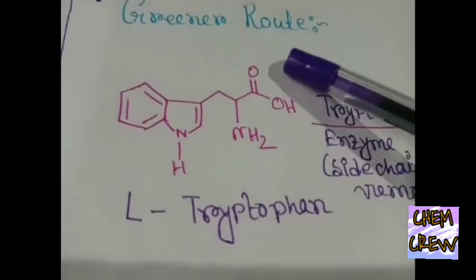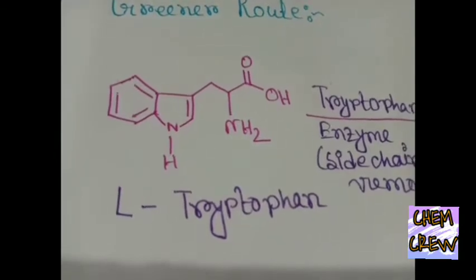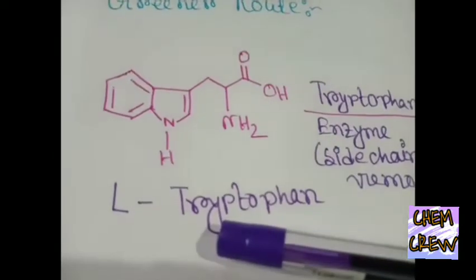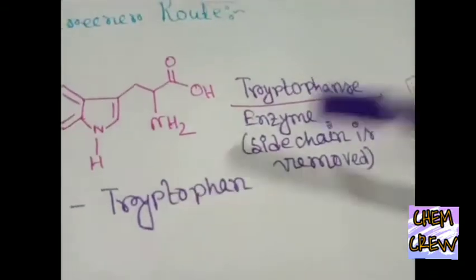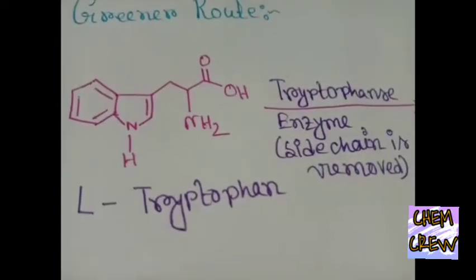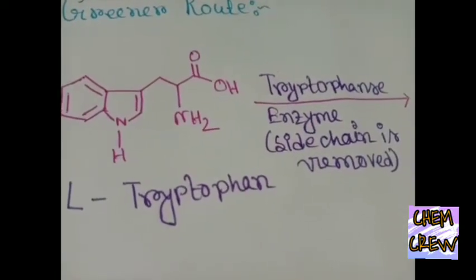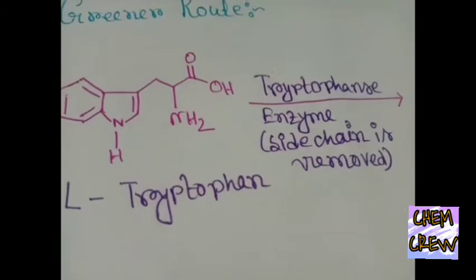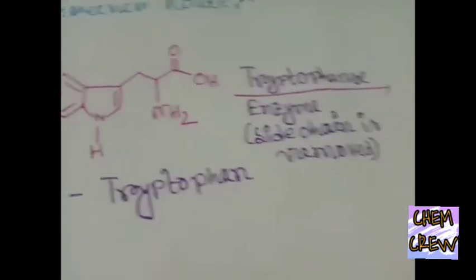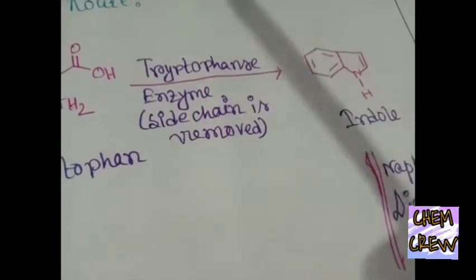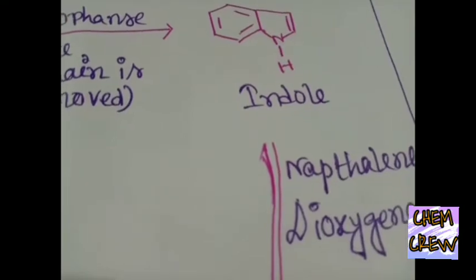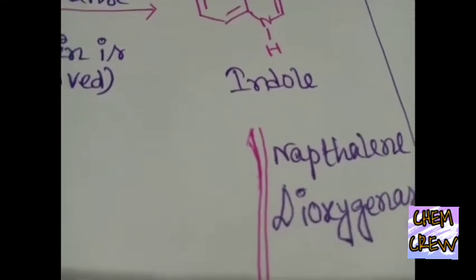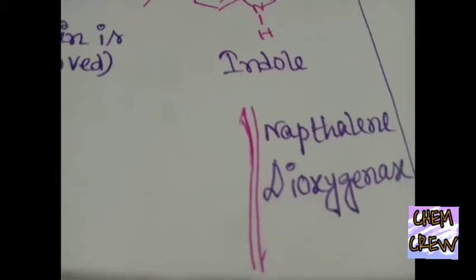Now the greener route. In the greener route, L-tryptophan, which is a naturally occurring substance, is used as a reactant and it is treated with tryptophanase. The role of this enzyme is to remove side chains, and we get the next product, indole. That is indole. It is treated with naphthalene dioxygenase to get the dihydroxy product.